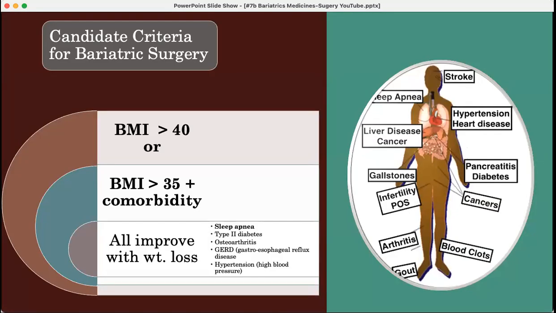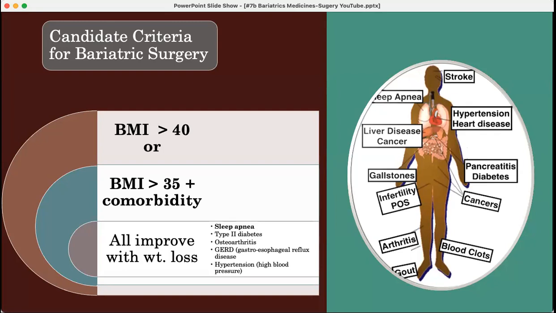Okay, so let's go on to who's a candidate for bypass surgery, or bariatric surgery. People that have a BMI over 40, or people that have a BMI over 35 along with a comorbidity. Comorbidities include all of these that are listed: sleep apnea, type 2 diabetes, arthritis, reflux disease, hypertension.